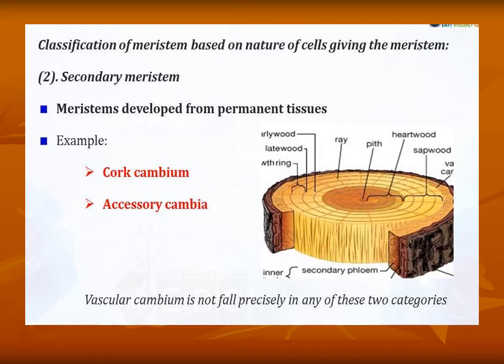The secondary meristem is phellogen or cork cambium. You can see in the diagram here, cork cambium, and the secondary meristem develops laterally and at the time of emergency, that is healing of the wound. This is showing about the secondary meristem.